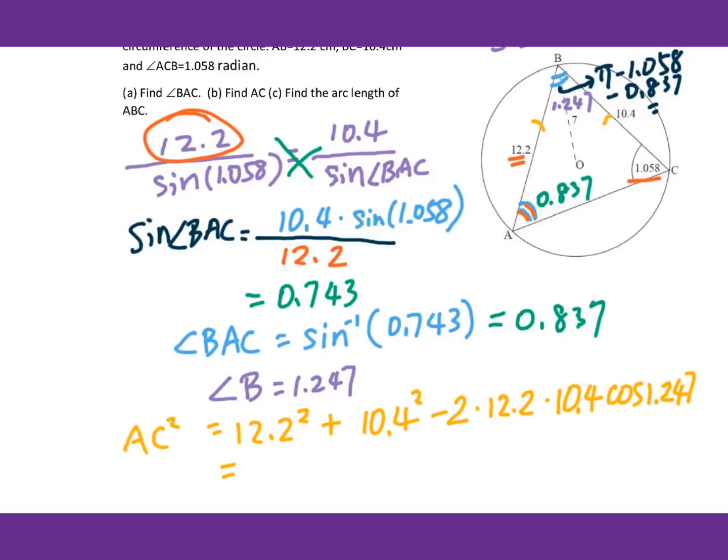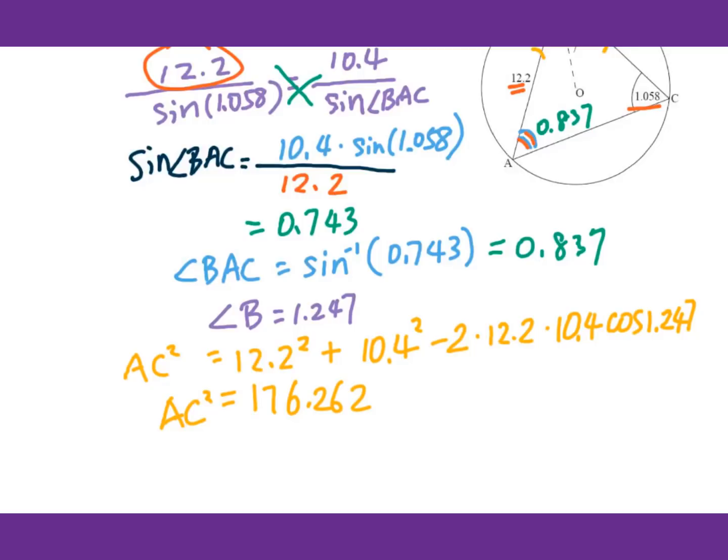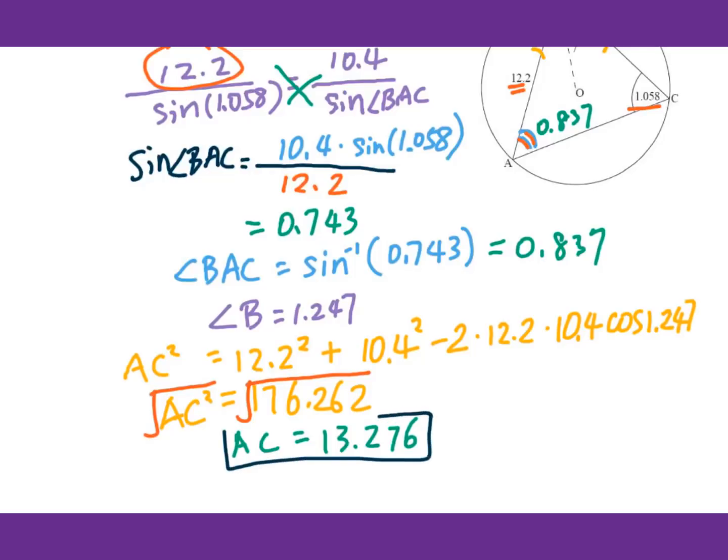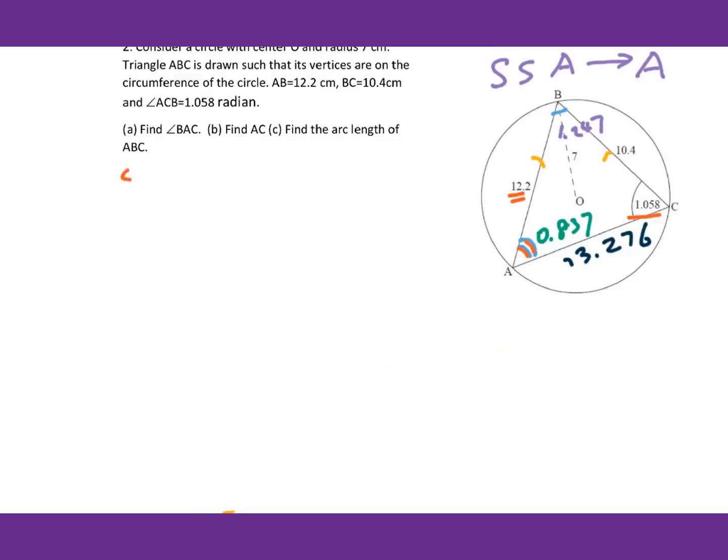When you put into calculator, make sure mode is in radians. Then we have to take the square root of both sides. We got AC equals 13.276. Label 13.276.